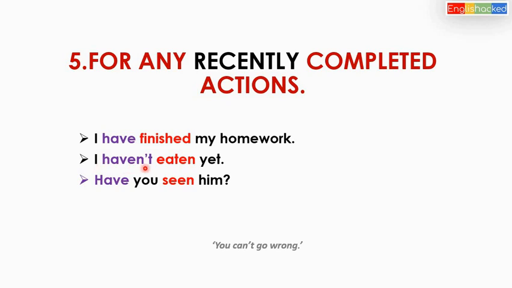Or somebody is asking, have you seen him? No, I haven't seen him yet. Maybe you're looking for somebody, and he saw you looking and comes to you. This is a recently completed action, so we use the present perfect for such situations.